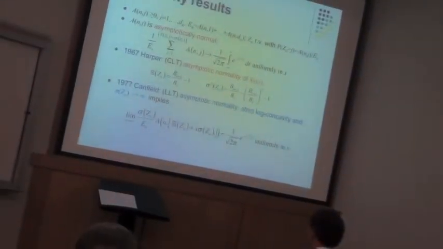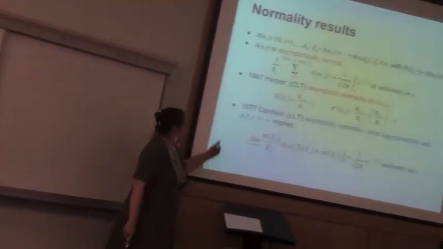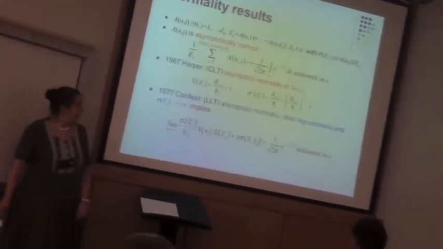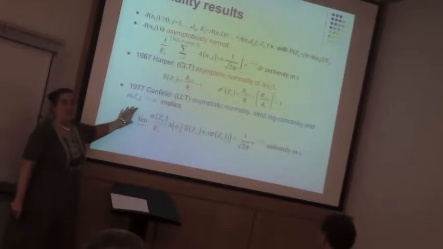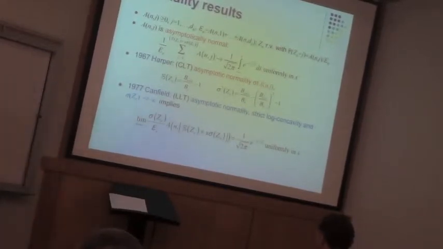In 1977, Canfield showed a local limit theorem version of this asymptotic normality: strict log concavity, and the fact that the standard deviation of this random variable goes to infinity as n goes to infinity, implies this condition.